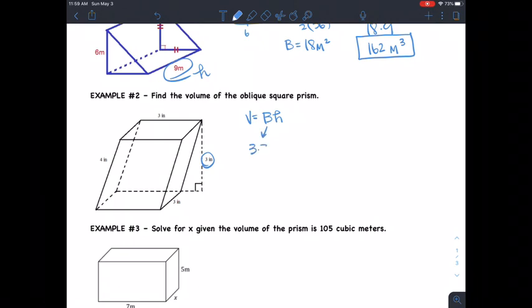So our big B will be 3 times 3, which is 9. And the height between the bases is also 3. So our volume will be 27 inches cubed.